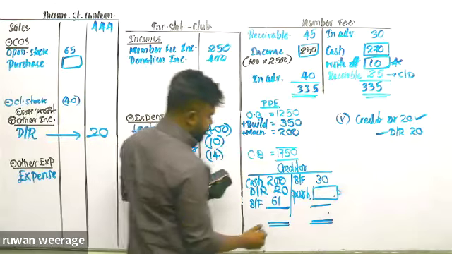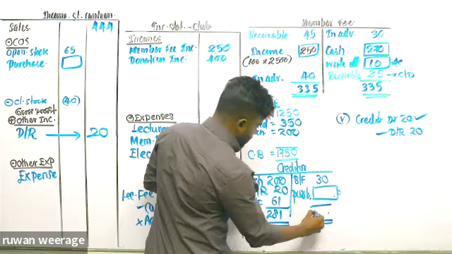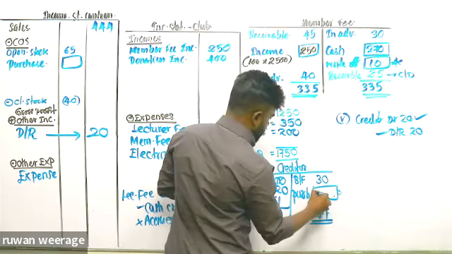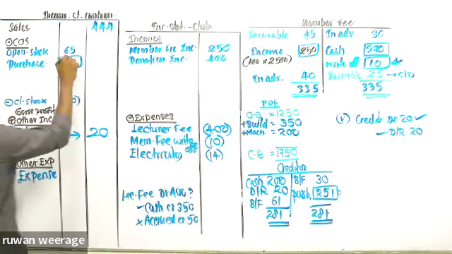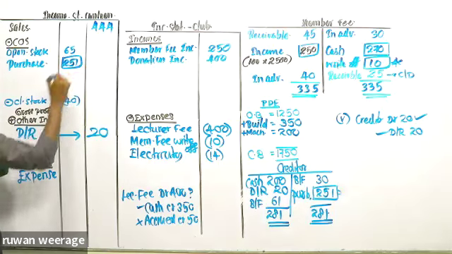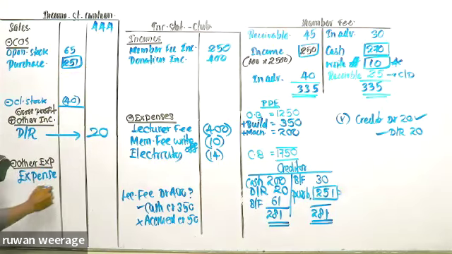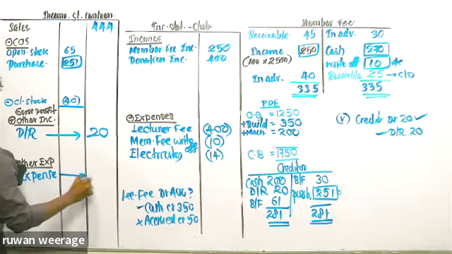Identify the purchase. 251. Right, that's all. Now you can balance. Yeah, expenses how much? 6,000.